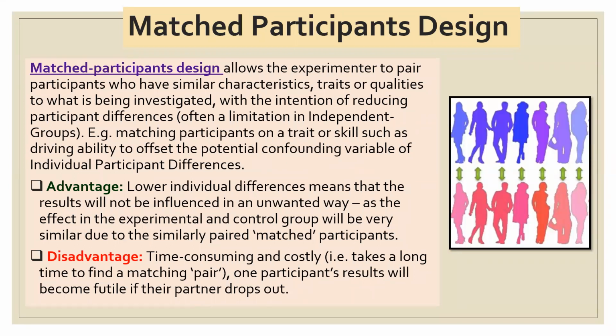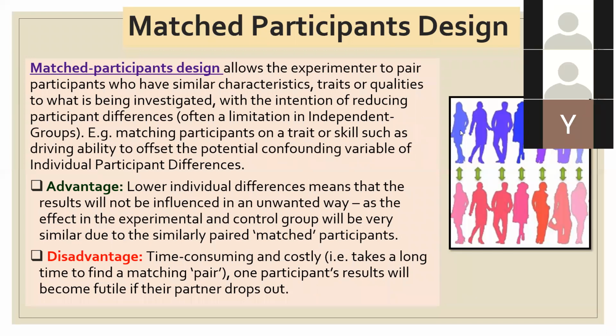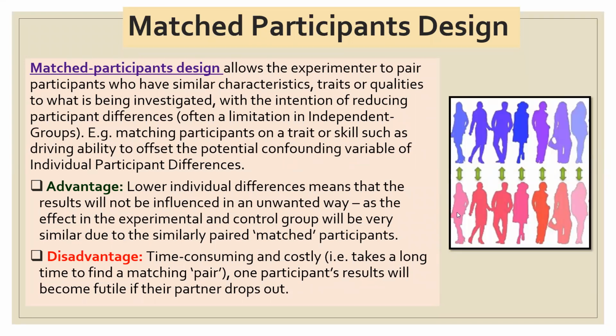We want to make sure that the alcohol tolerance level is similar in both participants in that matched pair. Also, if person A has been driving for, let's say, 15 years, we want to make sure that person A's match has also been driving for approximately 15 or so years. By matching both participants on that variable, we are ensuring that it is a good matched pair and that there will be less individual participant differences there.